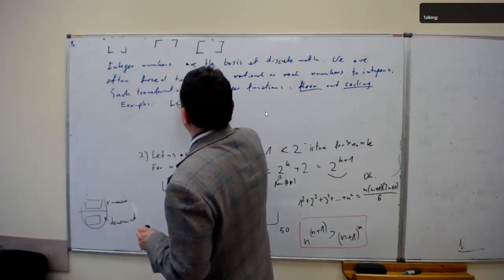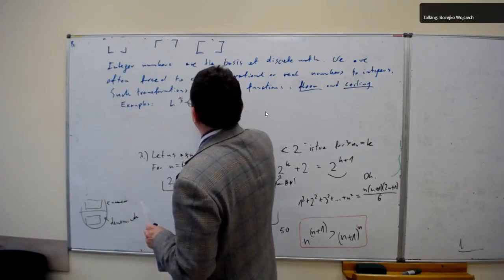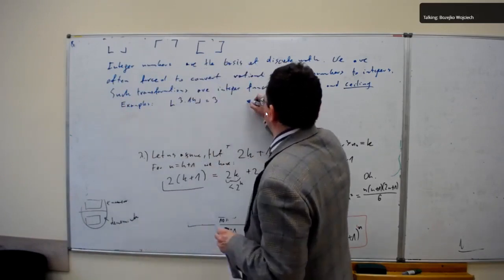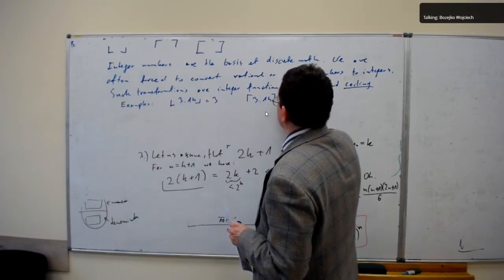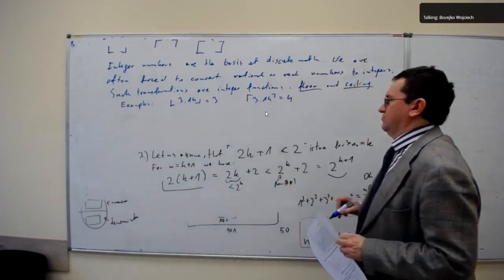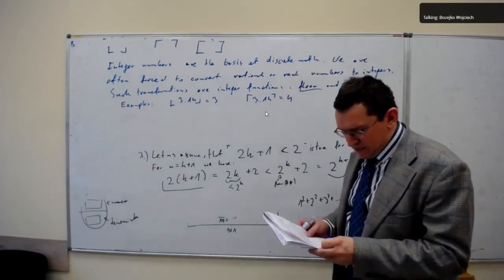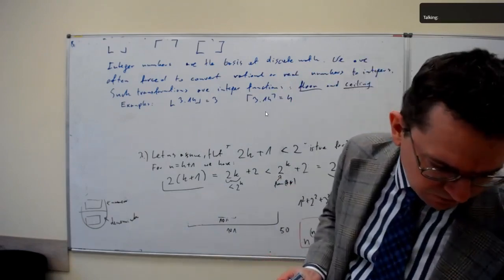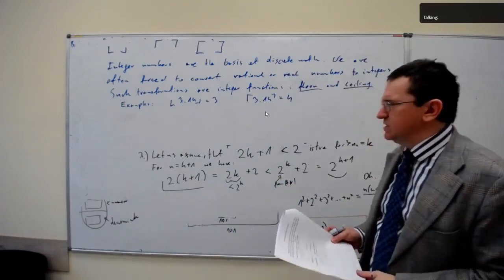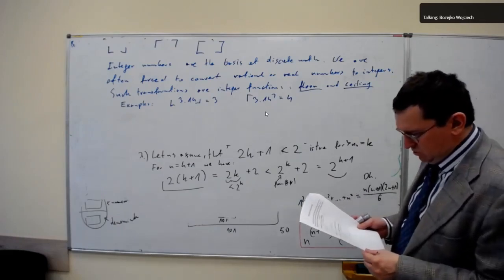Floor from 3.14 is 3. Ceiling from 3.14 is 4. And here, this is a little bit different function, but let us begin from these easier ones.